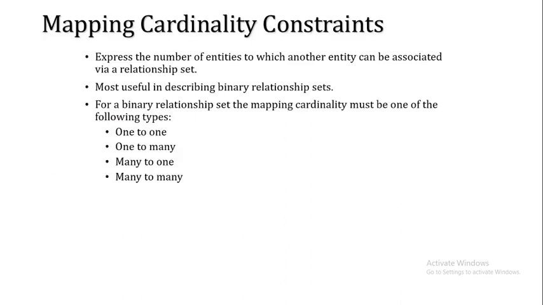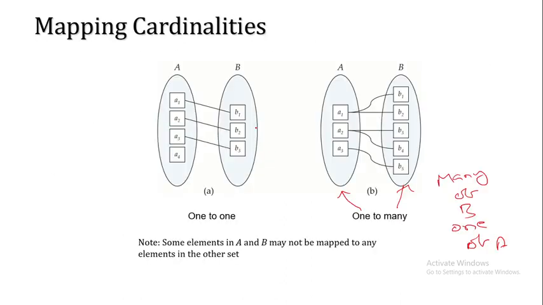If you see the example over here, all the elements in B are mapped with some elements in A. That means B has totally participated. Whereas in the case of A, not all elements have participated in the relationship.